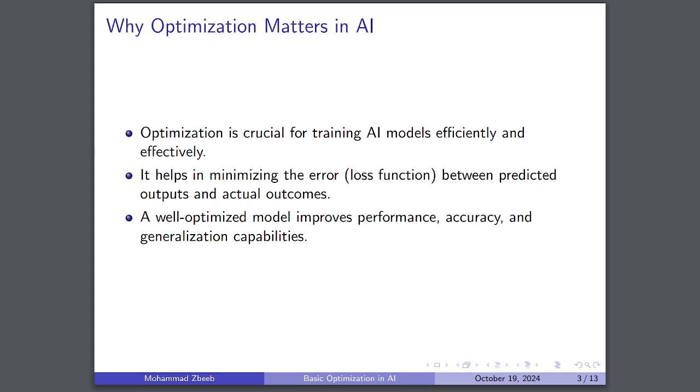Why does optimization matter in AI? This should be very obvious to you now after finishing week 1. In week 1 you learned about cost functions, and cost functions are the average over the individual loss functions per example. What this means is that cost functions measure how bad your predictions are.